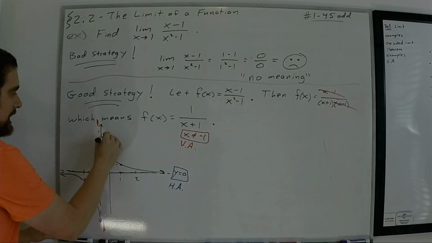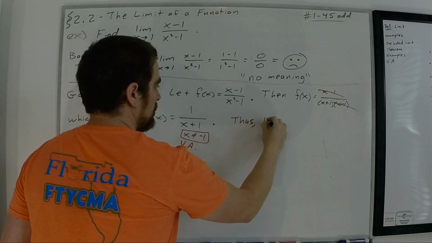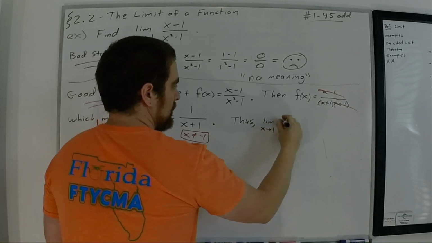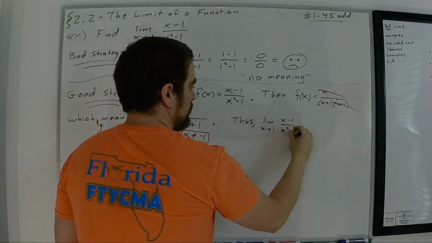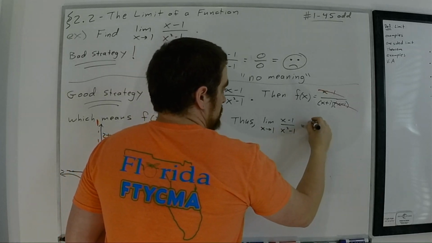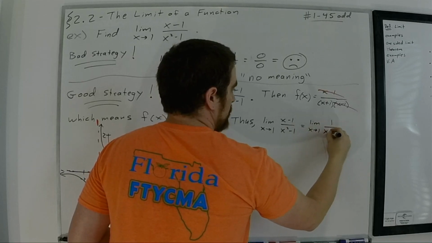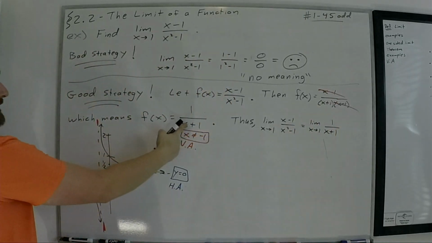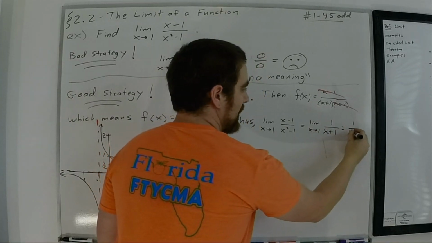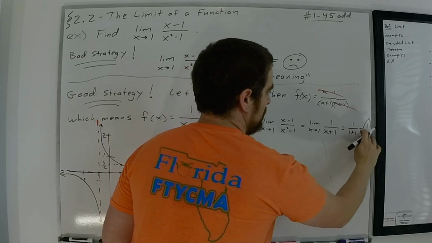So what I'm looking at is finding the limit as x goes to 1 of x minus 1 over x squared minus 1 is equal to the limit as x goes to 1 of 1 over x plus 1 when I simplify, which is 1 over 2. Now all of a sudden I'm allowed to plug in 1 and get a half out of it.